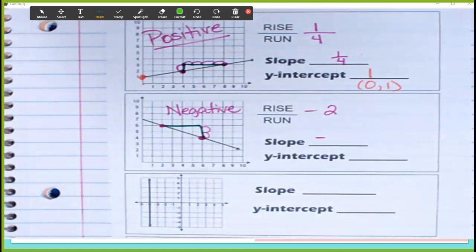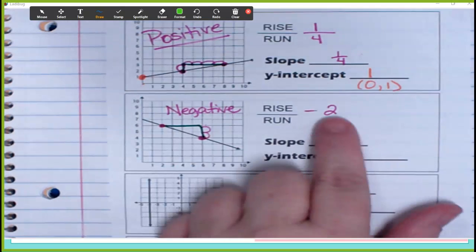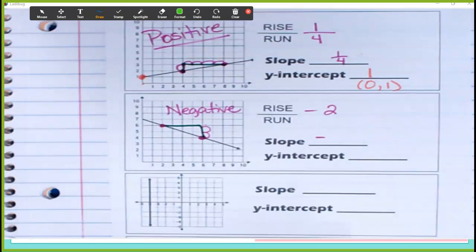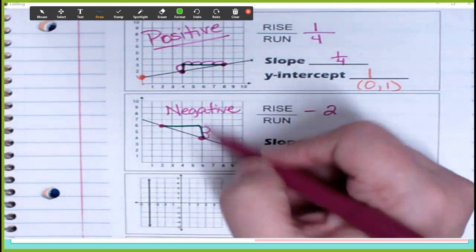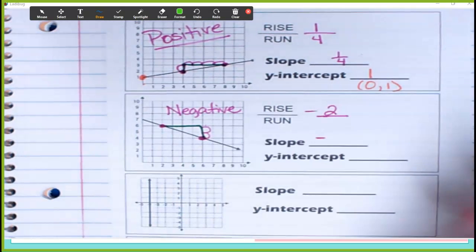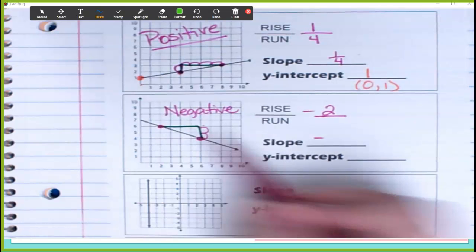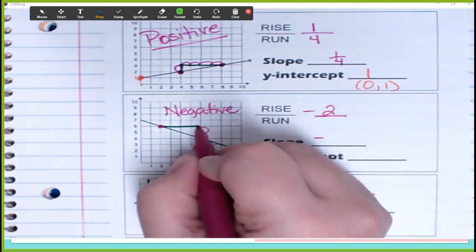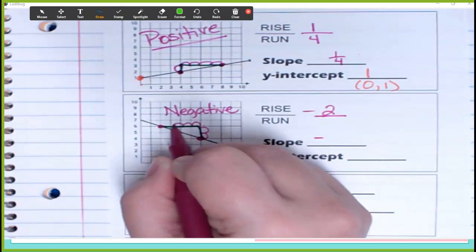So my rise was 2, my change in vertical height was 2. What is the change in my horizontal distance, my run? 1, 2, 3, 4.